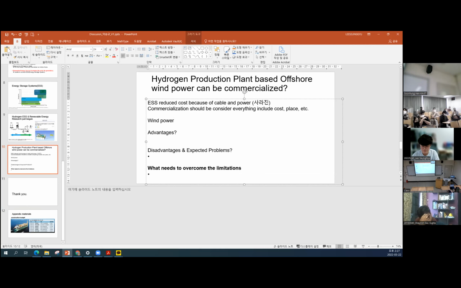So I think the business will be very profitable in the long run. There might be some technical limitations, but you can, for example, add a fuel cell to provide electricity for very high demand periods. So maybe we could use some technologies to control frequency issues. I think it can be commercialized in the long run.